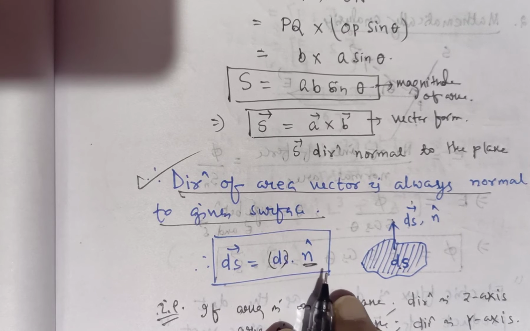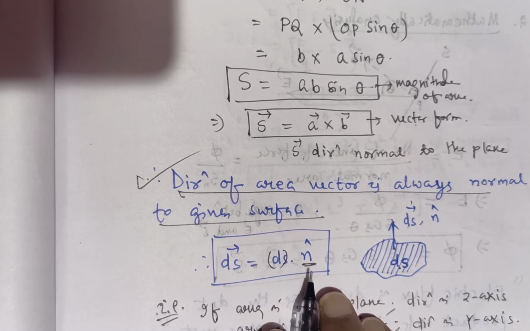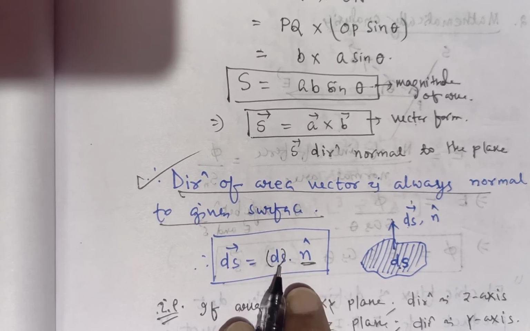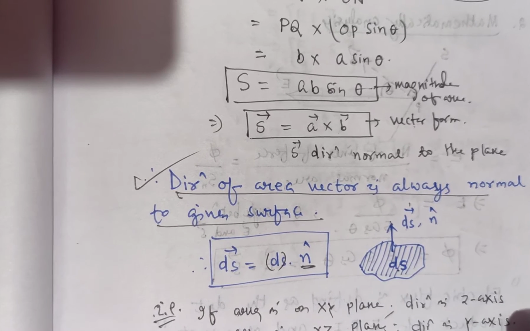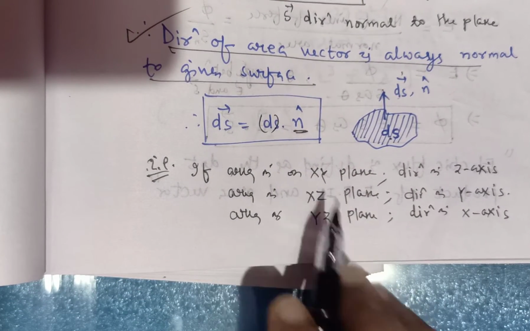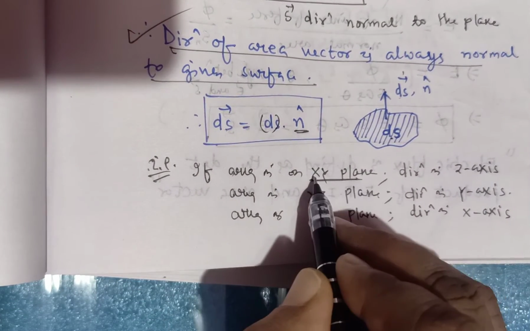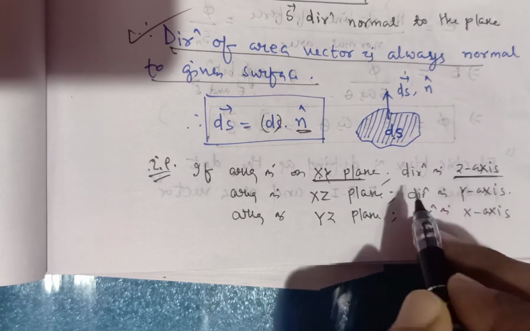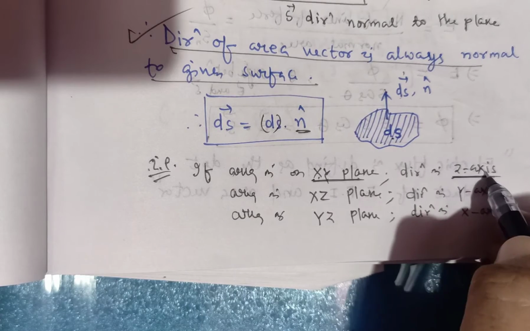So before going to electric flux, you should all know that the direction of the area vector is normal to the given surface. Now we can go through the example. If our given surface lies on the xy plane, then its vector is represented along the direction of the z axis, because the z axis is perpendicular to the xy plane.